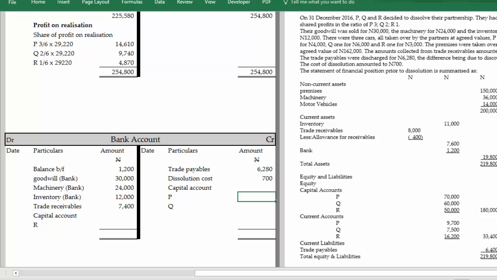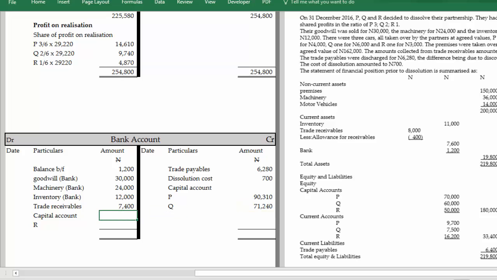Let's start from the credit. So we'll have the capital account. P, we paid 90,310. Q, we paid 71,240.